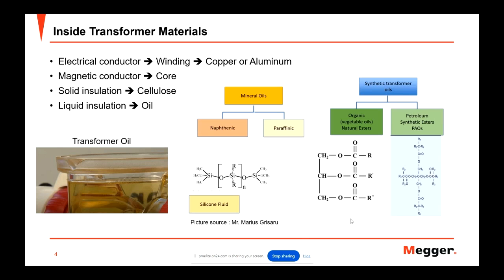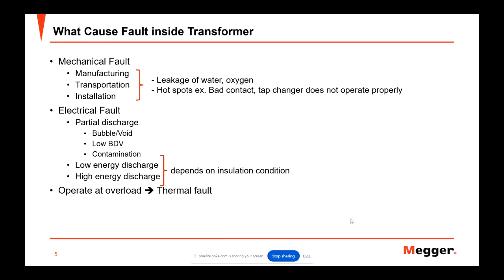If there is water or oxygen leaking in from the outside, it can also create effects or damage to the insulation inside of your transformer.